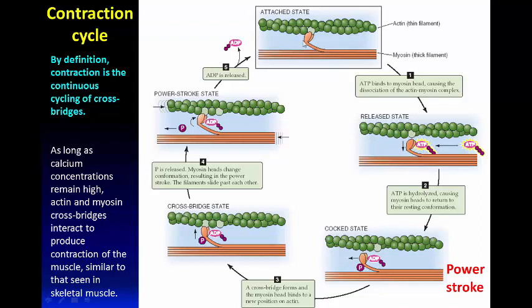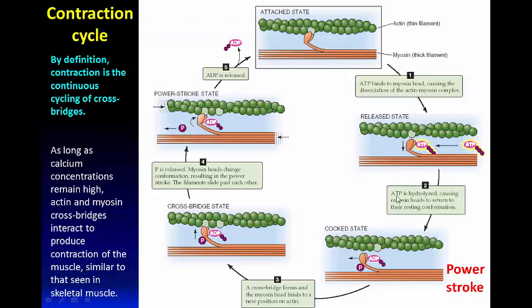How does this happen? ATP binds to the myosin head, and this binding causes the dissociation of the actin-myosin complex. So now the globular heads of myosin are detached from the actin molecule.